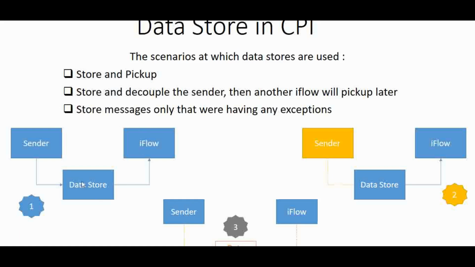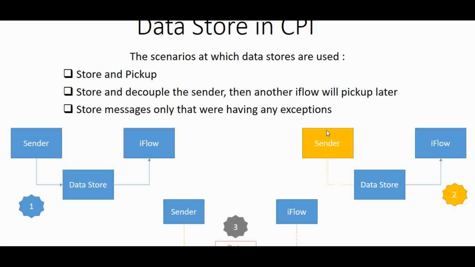This is one way of doing that. You may ask the question, why do you need this data store in between? Probably if you are using a large amount of data, then you cannot process it simultaneously. As a first step, you will receive all the data inside the data store. Then in the next step you will process it.